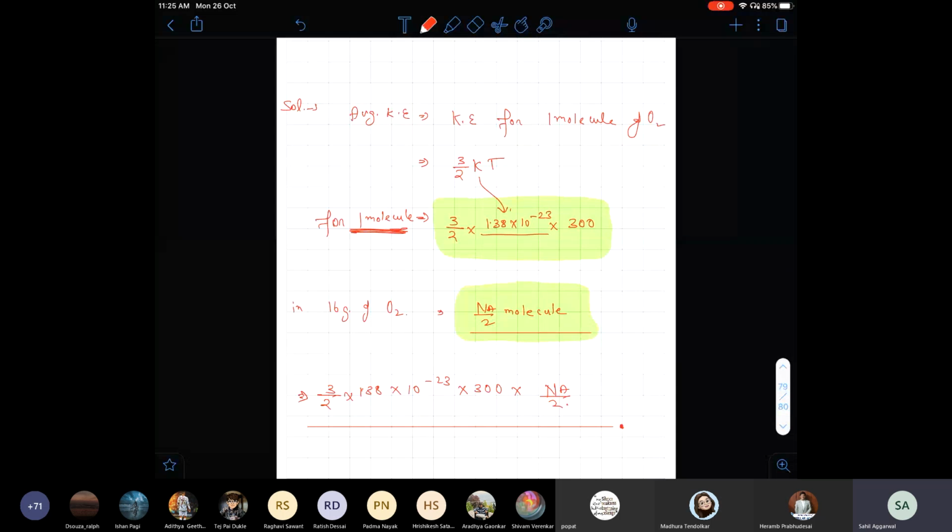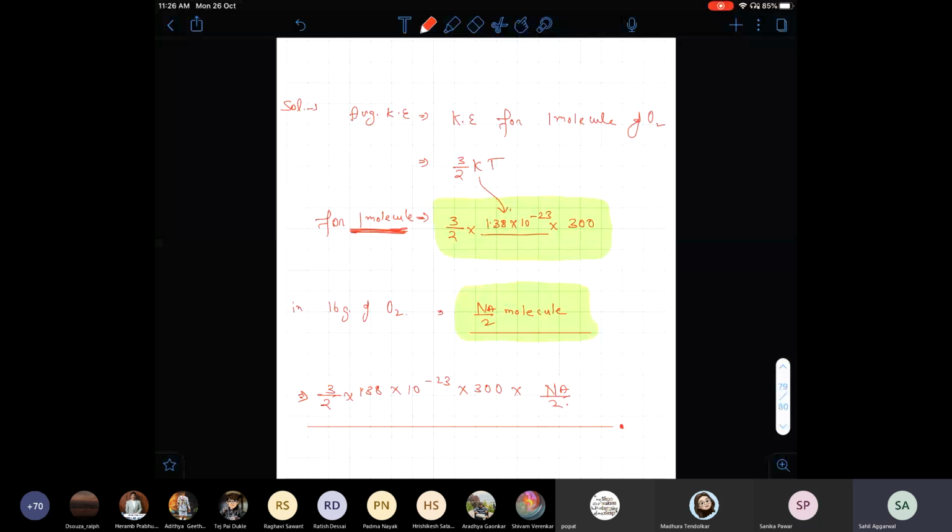Any problem to anyone in this? Average kinetic energy means? Could you please explain again?